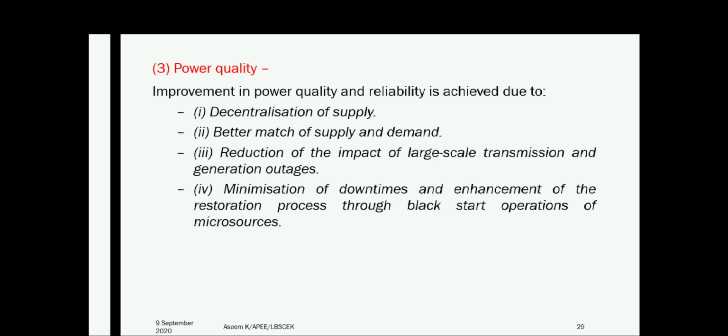All these things, restoration time, minimization of downtime, interruption time, outages, and better match of supply and demand, are affecting the reliability, and that in turn will affect the power quality. So these are some of the advantages that can be listed under power quality.